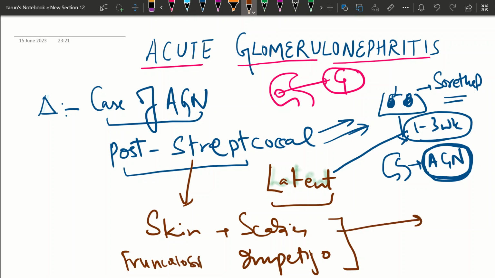Here the latent period is 2 to 6 weeks. After 2 to 6 weeks the kidney is involved when the infection first occurs in the skin. So this is briefly discussing acute glomerulonephritis.